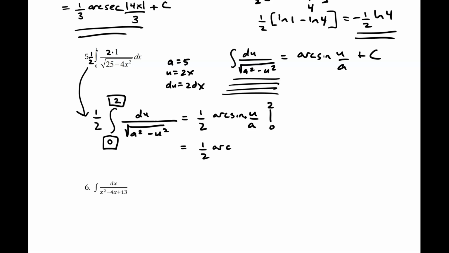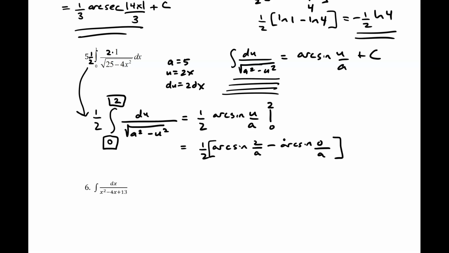Sometimes the 1/2 would be part of each term, so a lot of times I'll just take the 1/2 out in front. I'd have 1/2 arcsine of 2 over a minus 1/2 arcsine of 0 over a. And if you did the inverse sine of 0, you're saying the sine of what angle gives you 0, and the actual answer here is 0.